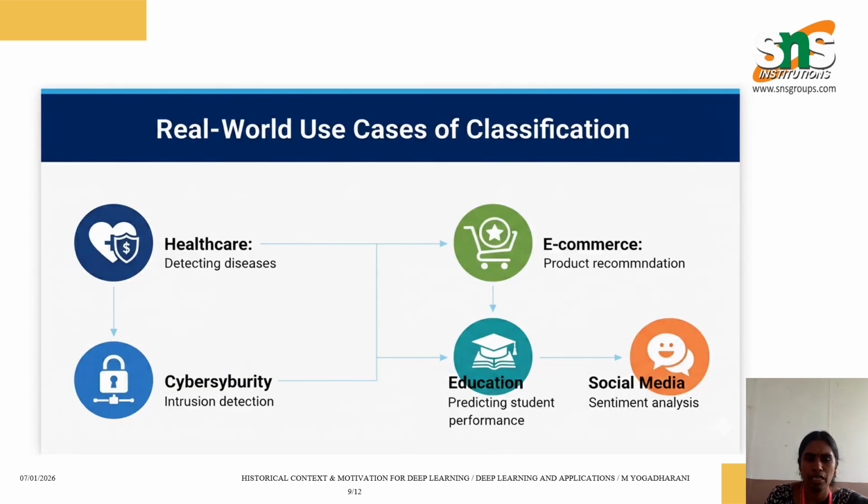And then applications. Supervised classification is everywhere: in email detection, face recognition, medical diagnosis, loan approval, and recommendation systems. Once you understand classification, you will start seeing machine learning around you.